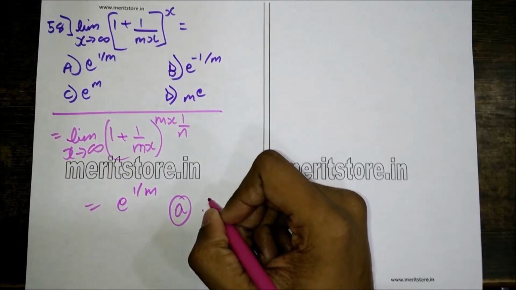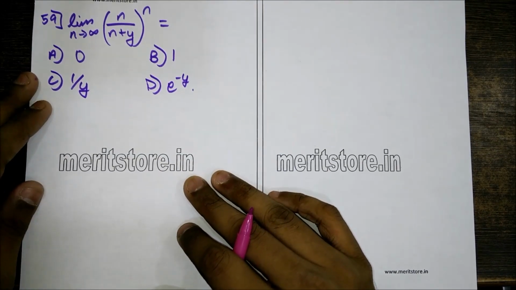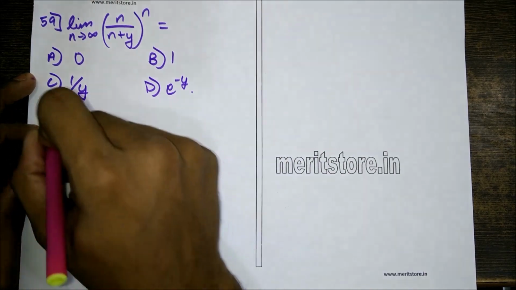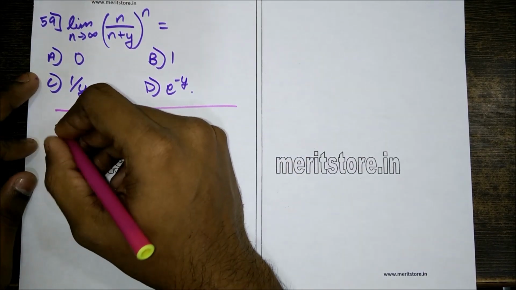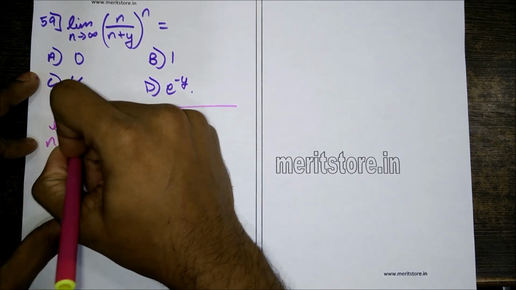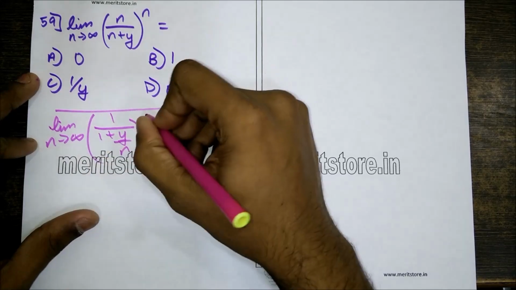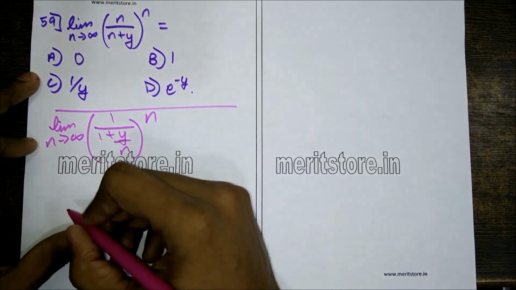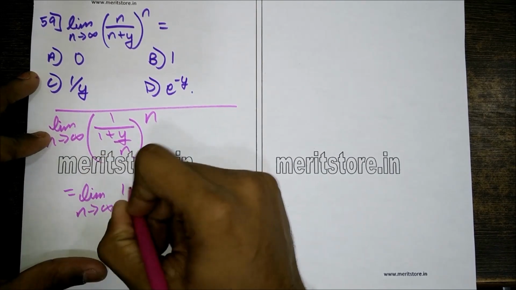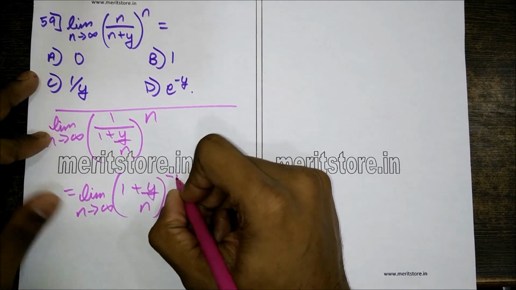Limit of n tends to infinity of n by n plus y raised to n equals a) 0, b) 1, c) 1 by y, or d) e raised to minus y. So therefore we can write limit of n tends to infinity of 1 upon 1 plus y by n raised to n, giving us limit of n tends to infinity of 1 plus y by n raised to minus n.